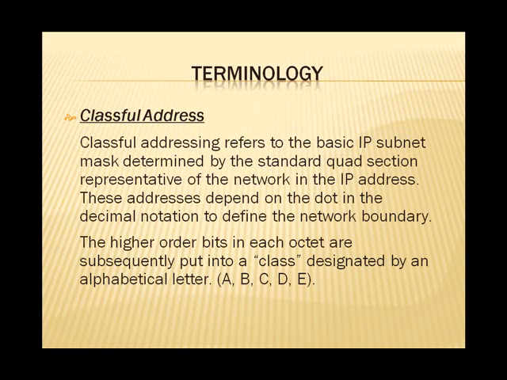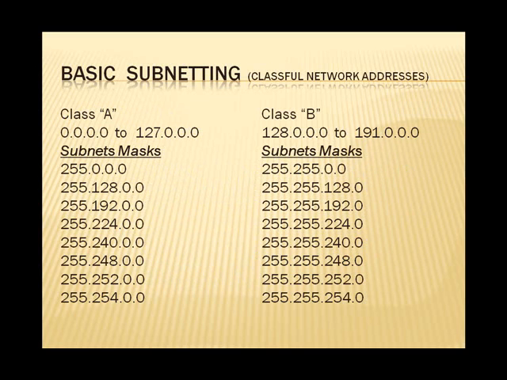The 192.168.40.0 referenced could be considered classful. This means the network boundary is predefined based on the open octet, the 0. The higher order bits in each octet are subsequently put into classes designated by an alphabetical letter, A through E. A Class A would be 0.0.0.0 to 127.0.0.0.